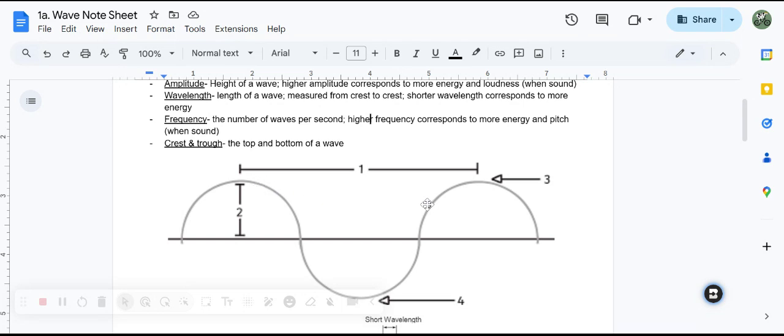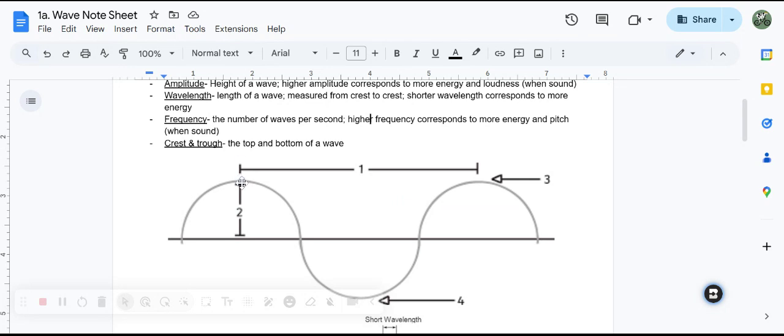If you've got more waves crashing, you're going to have more energy, right? If you're standing in the shallows and you keep getting smashed by the waves, then you're going to feel that energy being transferred onto you. So a higher frequency also corresponds to more energy. Same thing with the wavelength.